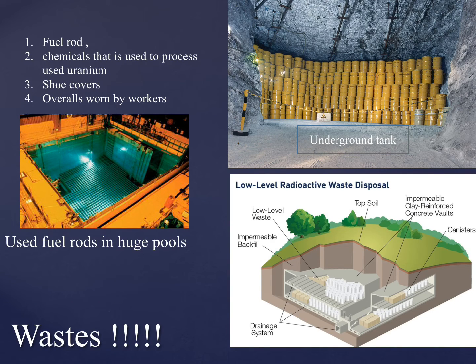Moving on to the nuclear waste. One of the most important and urgent issues related to nuclear energy is the nuclear waste. Among these wastes are, for example, the fuel rods, the chemicals that are used to process uranium, or the shoe coverings that are used by the workers that work in the nuclear power plant, or the overalls the workers use.